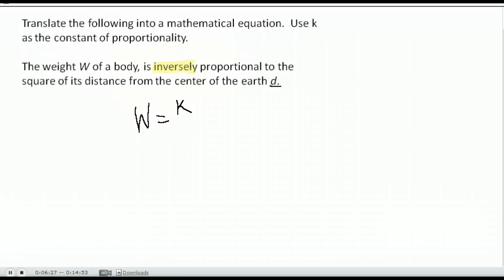D is the variable they want us to use, and they wanted us to square that. So it's inversely, we're going to use division here, proportional to D squared, where D is the distance from the center of the Earth. So your weight is inversely proportional to your distance from the center of the Earth, squared.